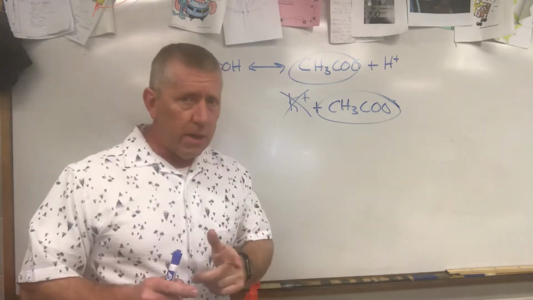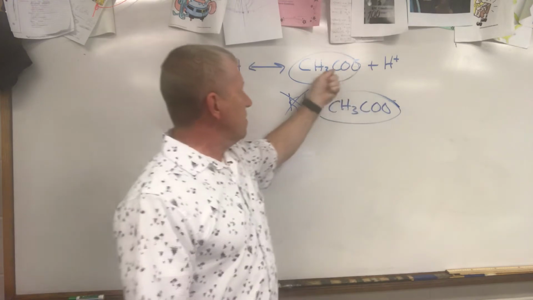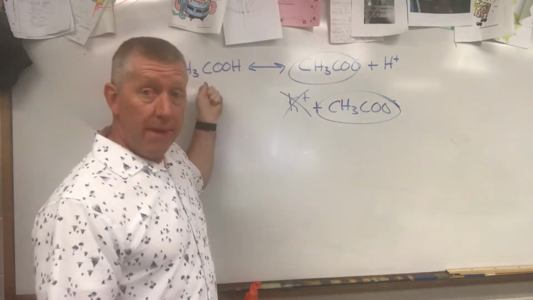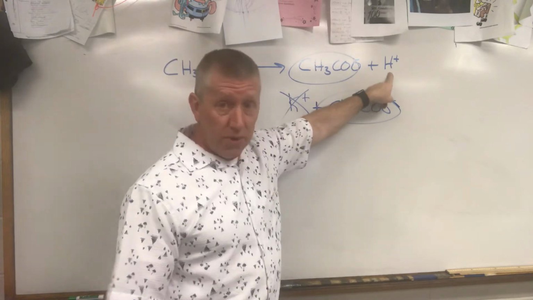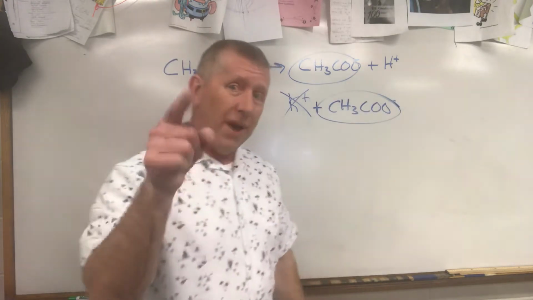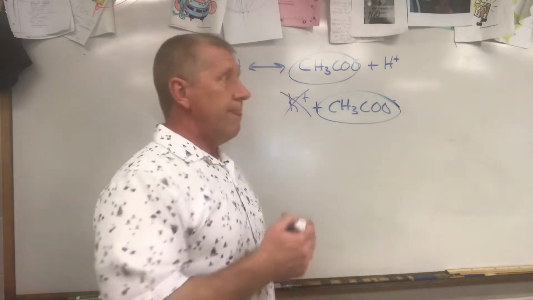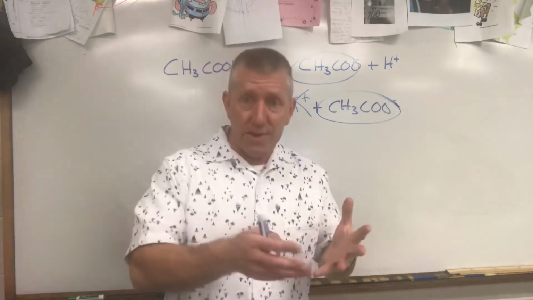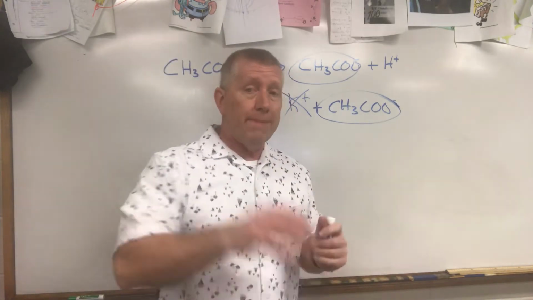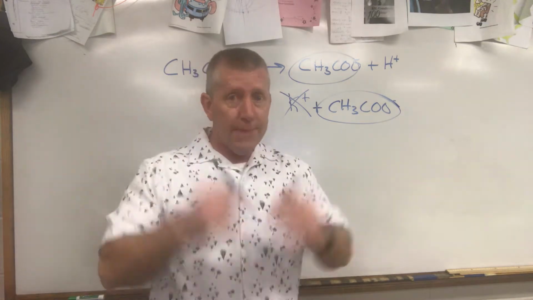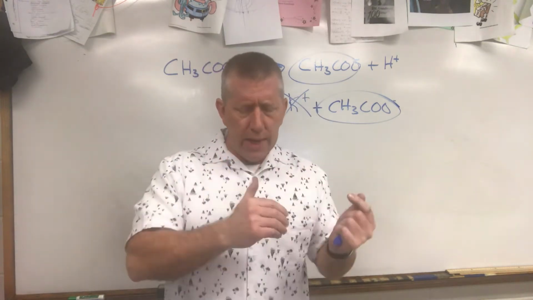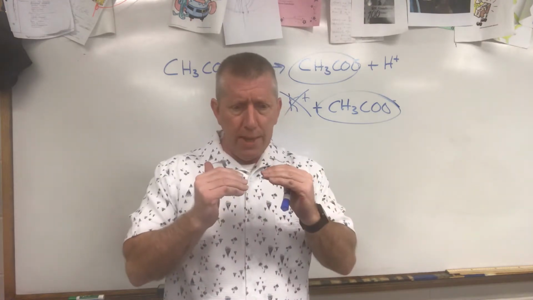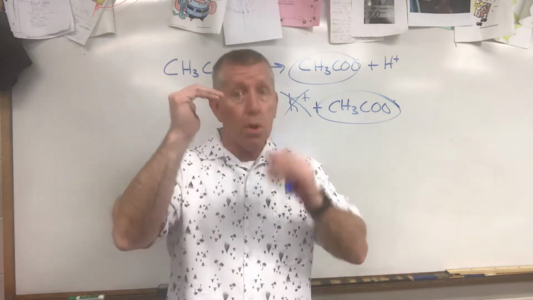Now think about that for a second. If you have to connect hydrogens to the acetate ion to reform acetic acid, you're losing hydrogen. You lose hydrogen, you are becoming less acidic. So the pH, remember, acids are below 7. If you're losing hydrogen and becoming less acidic, the pH must be going up.